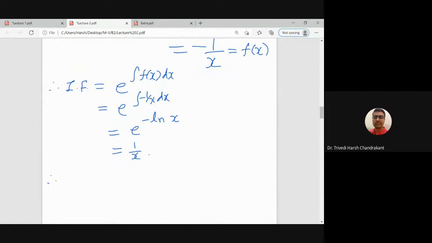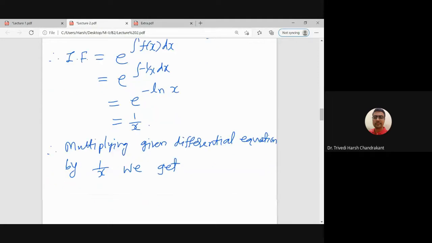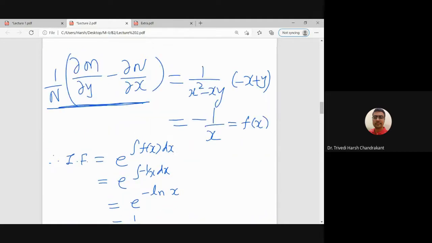So therefore multiplying the differential equation by the integrating factor 1 upon x, what we get is we get a new differential equation. So what was the first differential equation?